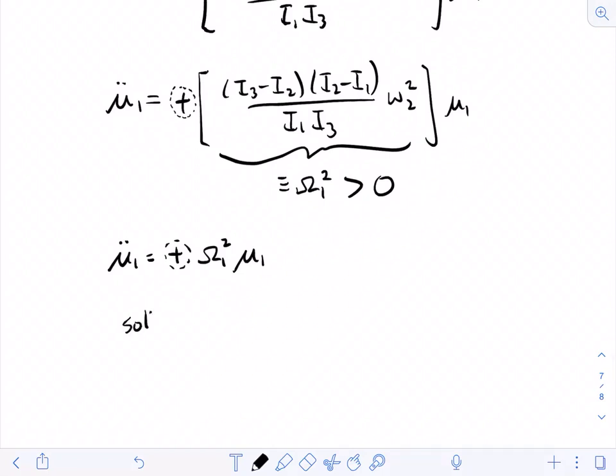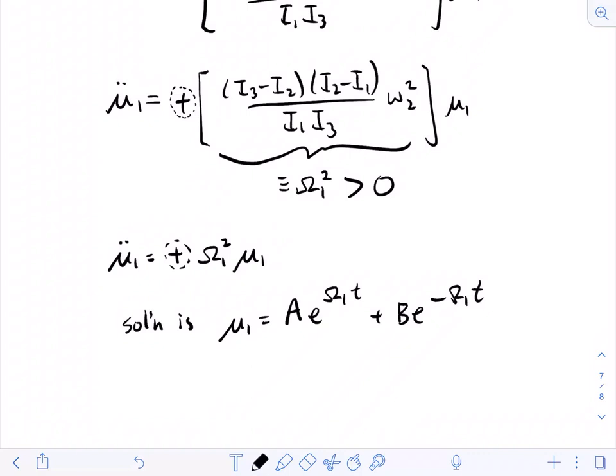So the solution in this case is mu 1 is equal to a e to the omega 1 t plus b e to the minus omega 1 t.